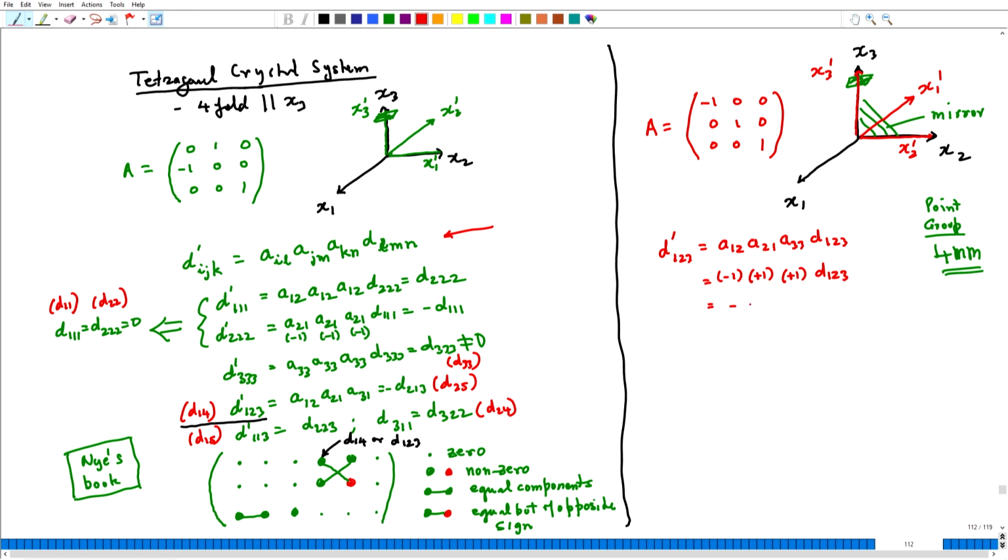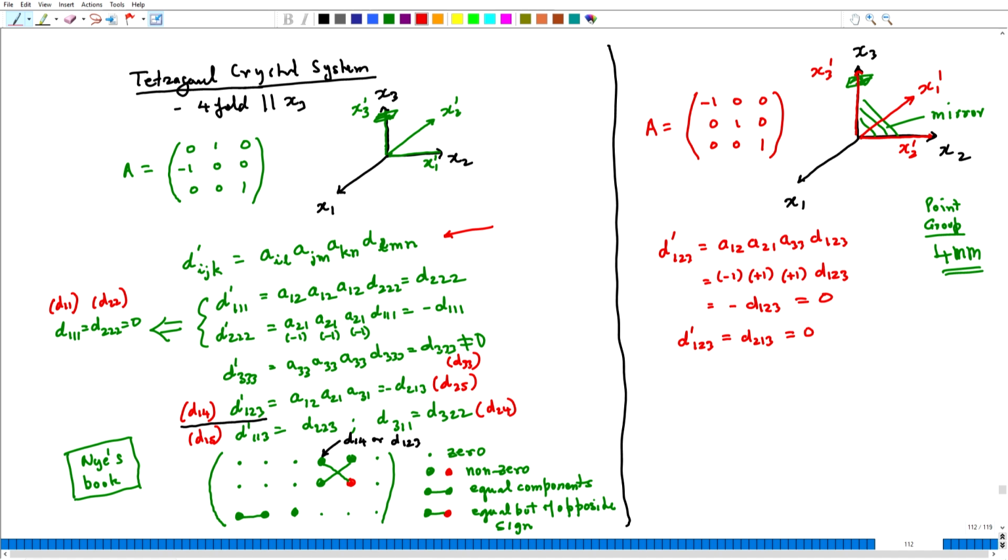Clearly, this is going to be minus D123. So, for this tensor to remain unchanged on reflection, when the reflection plane is the x2, x3 plane, D123 has to go to 0. Now, if D123 goes to 0, here we already have D prime 1, 2, 3 because of the 4-fold rotation was D213. So, therefore, D213 will also go to 0.